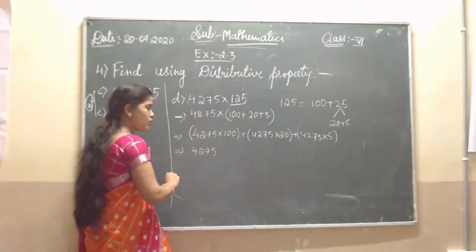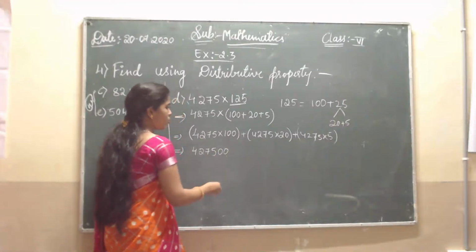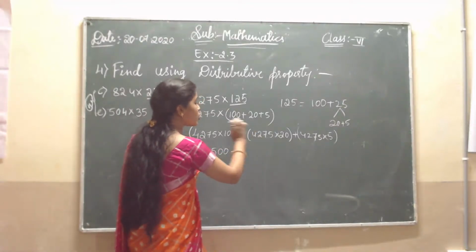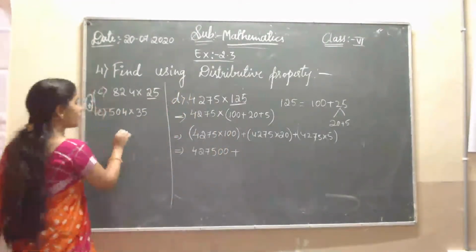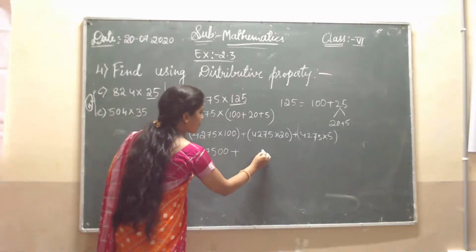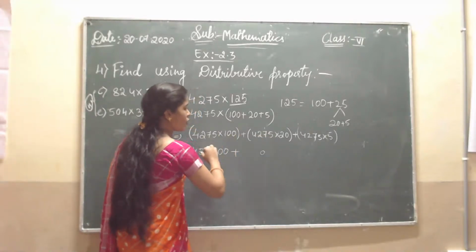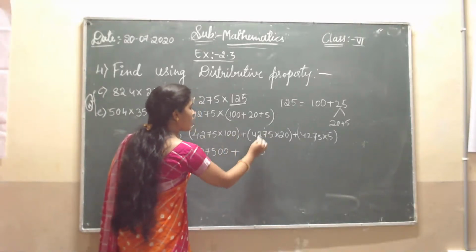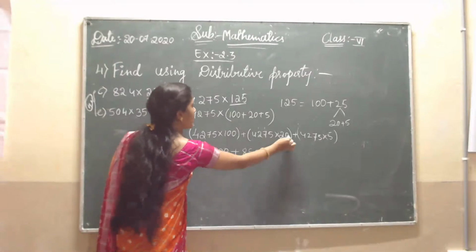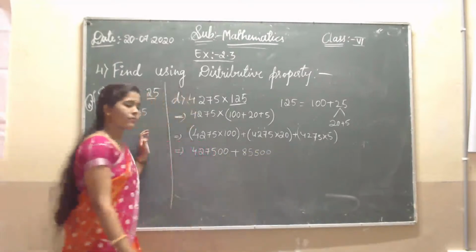4,275 into 1 is 4,275, double zero. Plus here, multiply 4,275 into 2. Multiply directly: 2 5s are 10, 1 carry; 2 7s are 14, 15, 1 carry; 2 2s are 4, 5; 2 4s are 8. Write this 0.